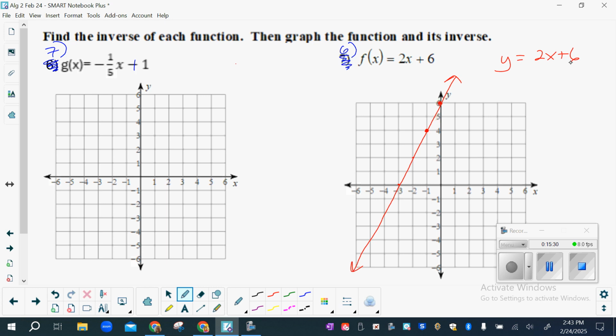Somebody else in this group? What do we do next? Somebody besides Jason. Thank you very much, Jason, for answering several questions. I want to hear from somebody else. What do we do next? Something with the x and the y. Yes, switch them. So x equals 2y plus 6, and then what next?